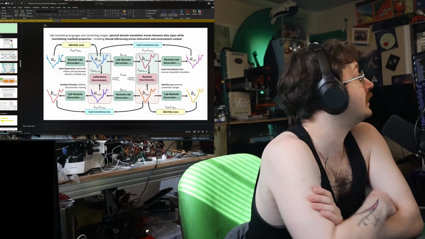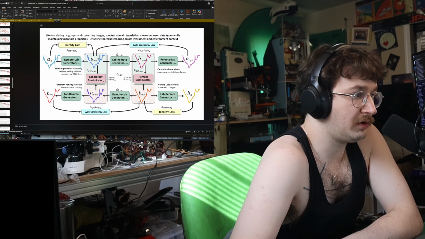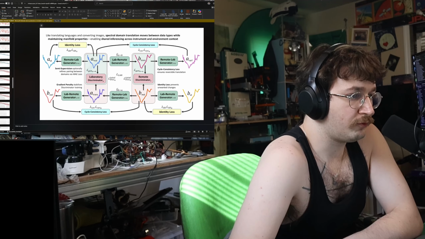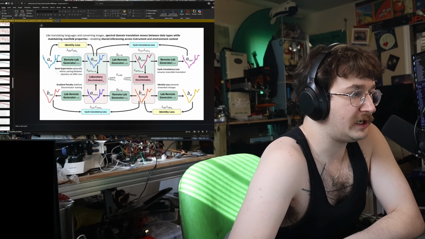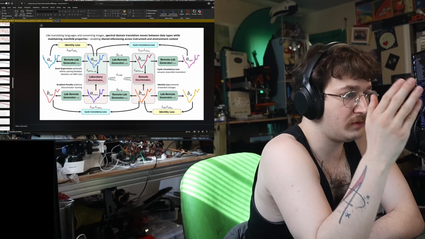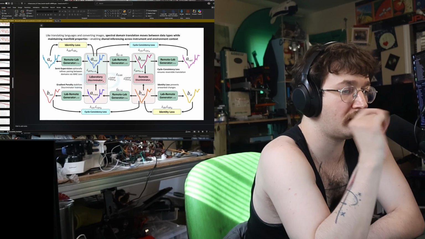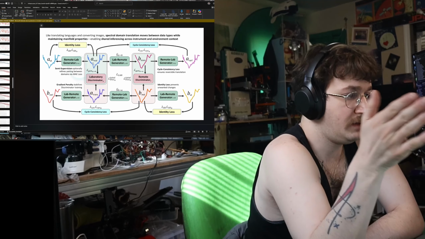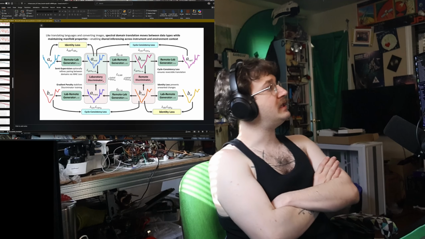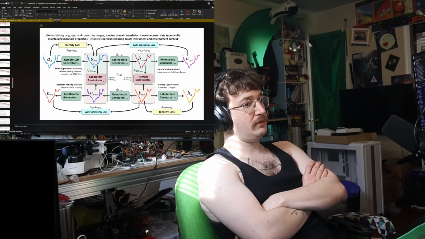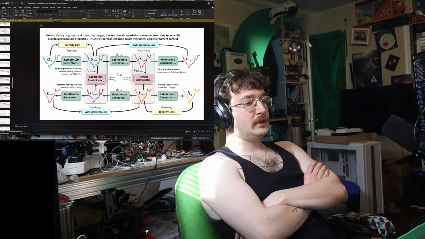If we're going from the real lab domain to the remote domain, or remote to lab, identity loss is saying if you take the target domain and put it in the input, it shouldn't change it because it's already in that state. So if you're going from A to B and it's already in B, that A to B generator shouldn't change things. That identity loss hinges on functionality that is pretty simple.